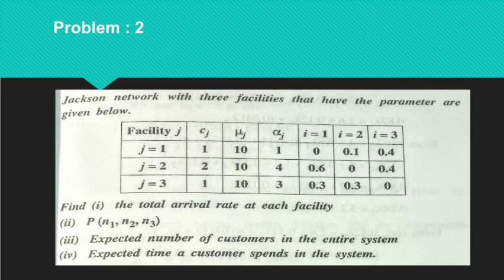So solution, here let lambda 1, lambda 2, lambda 3 are the total arrival rates at facility 1, 2 and 3. Here at facility 1 we have single server model. In facility 2 we have multiple server model. Again at facility 3 we have single server model.